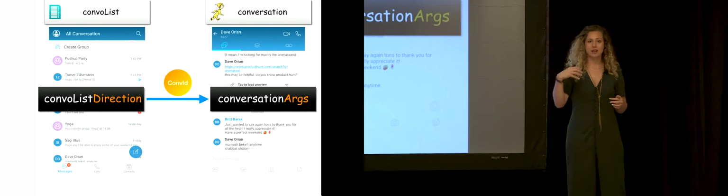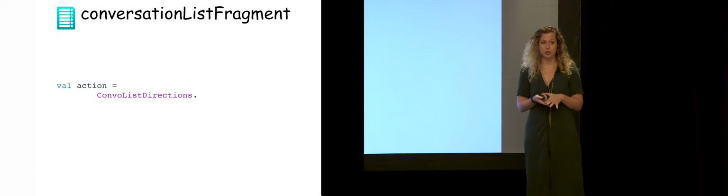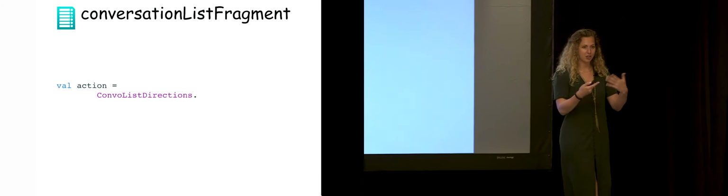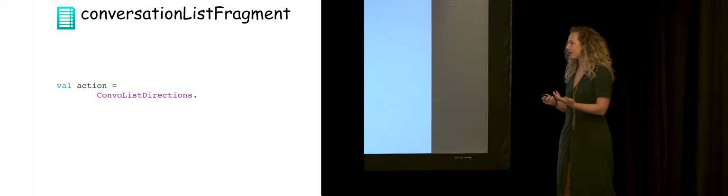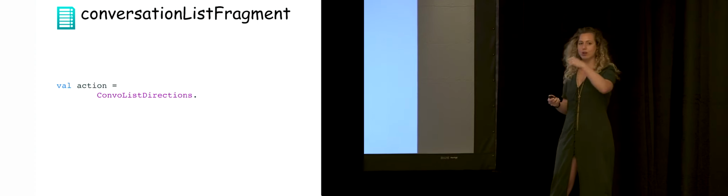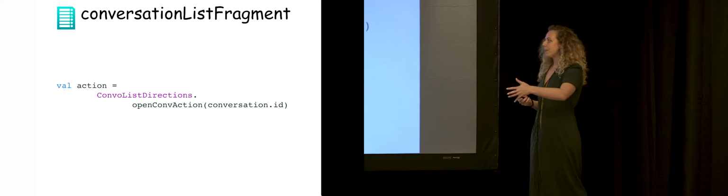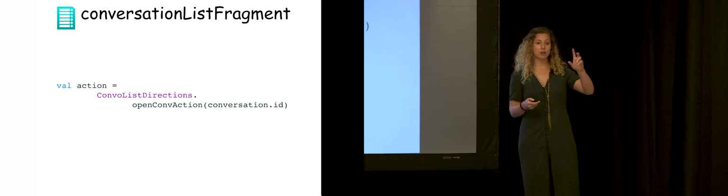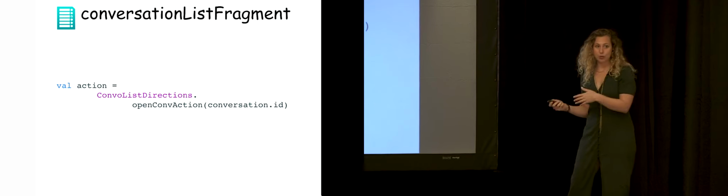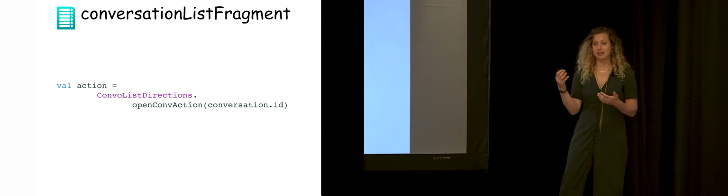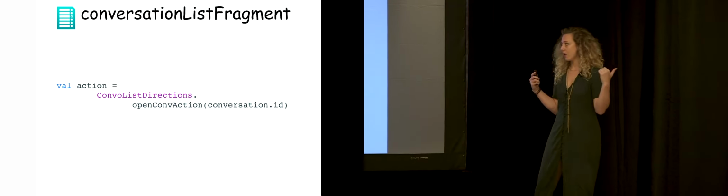So basically, very quickly, the way to use that is when you create the action, before the navigation. I would go to the conversation list directions, the object that was created for me, and ask it to go to the open conversation action, which, once again, was generated by the ID that we've given before.